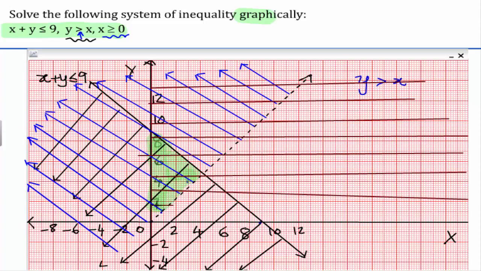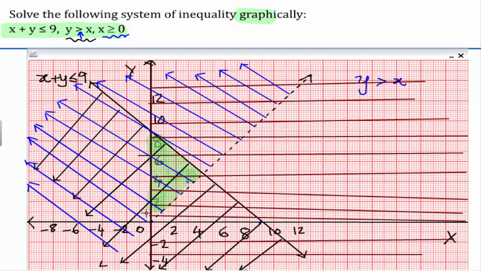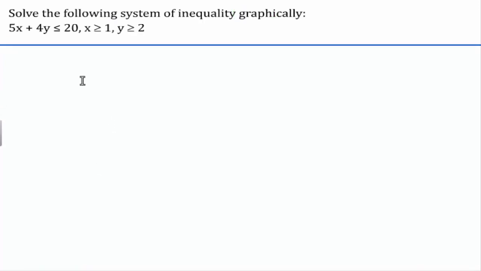So all the lines which are present in the triangular region, so the triangular region is the solution of the given inequality.